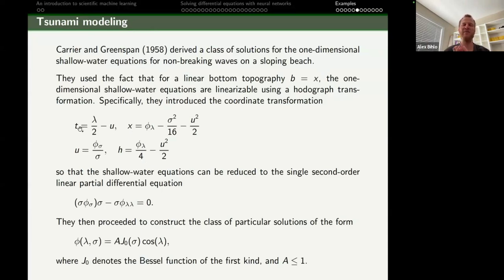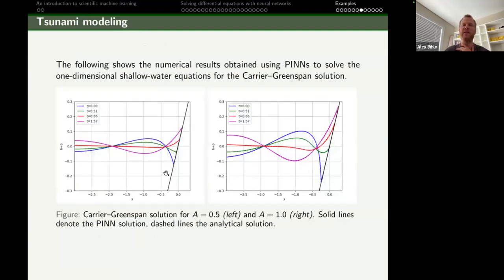The independent variables become the dependent variables, and the dependent variables become the independent variables. If you do this, the shallow water equation is reduced to a linear partial differential equation, which can be solved analytically. One particular class of problems that Carrier and Greenspan looked at is a non-breaking wave hitting a sloping beach. And this is how it looks.